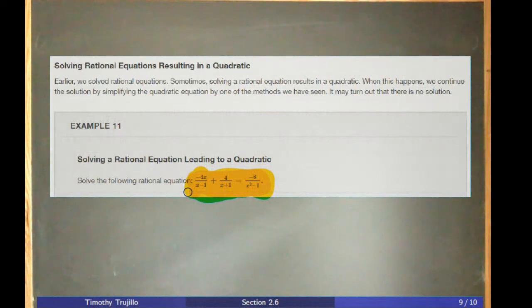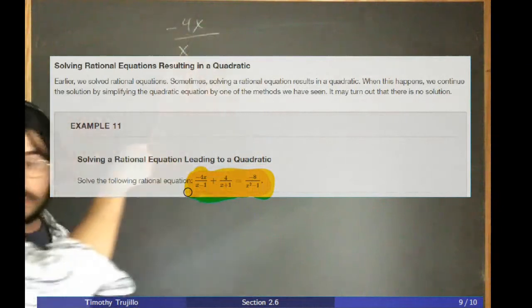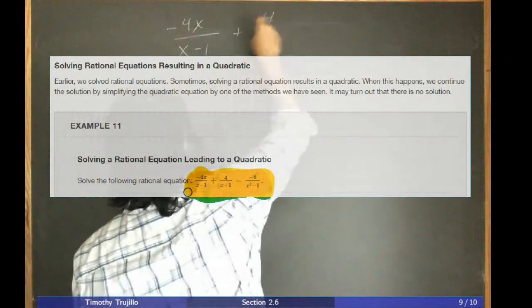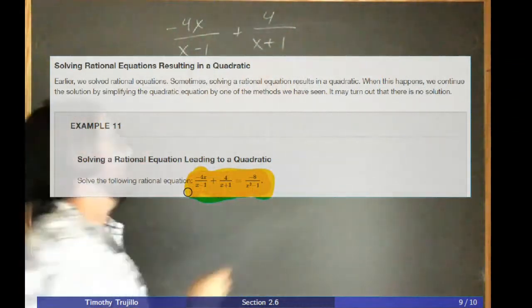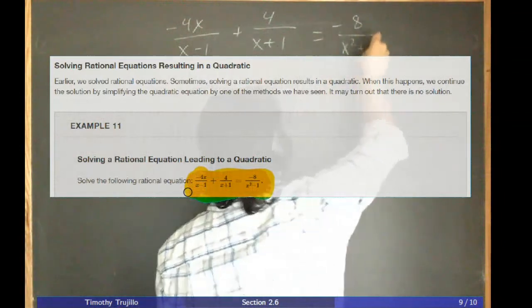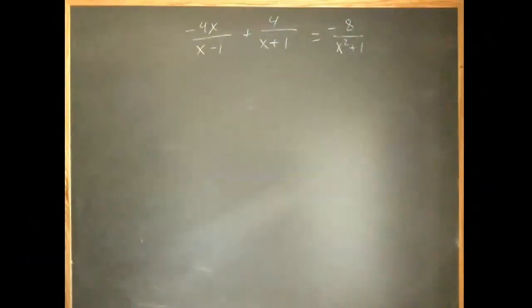So let me put this up on the board, and then we'll go through the steps of solving this one. So this is negative 4x over x minus 1 plus 4 over x plus 1 is equal to negative 8 over x squared plus 1. Okay, and I'm going to jump back to my board so we have a little more space to see all the details.